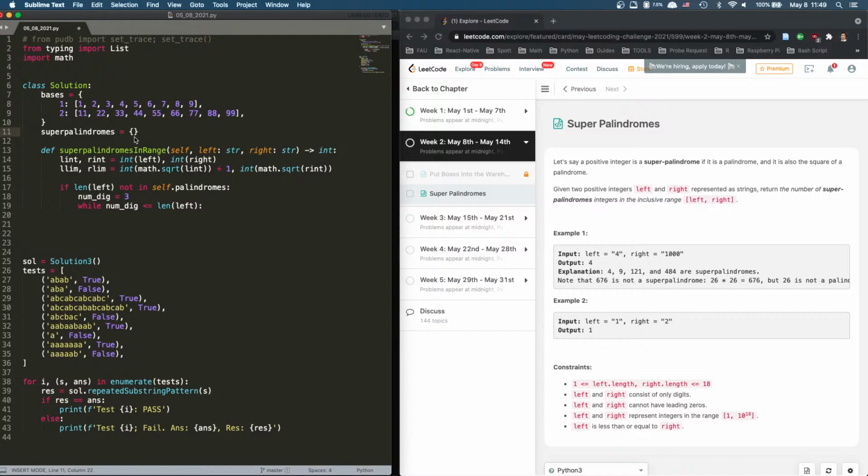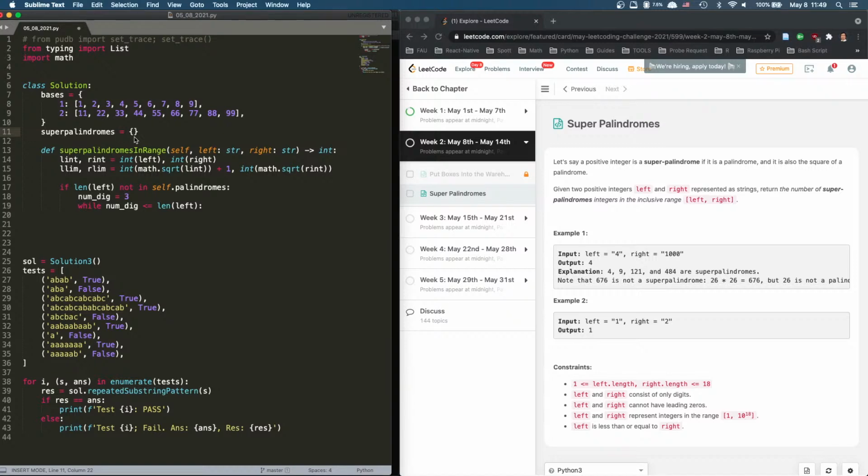I mean, no, I want to do it incrementally. I really want to do it incrementally. So the input left limit, we have a number of digits, and we need to first find all the palindromes that satisfy those number of digits, right?